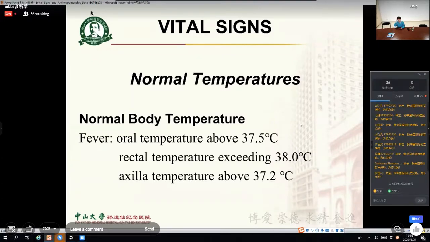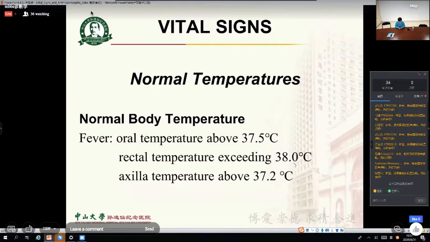First of all, we need to know the definition of fever. If the oral temperature exceeds 37.5 Celsius, that is what we call fever. But if you take the temperature from the rectum, anything exceeding 38 Celsius is what we call fever. And for the axilla temperature, it may be lower. If we take an axilla temperature above 37.2, the patient may have fever.